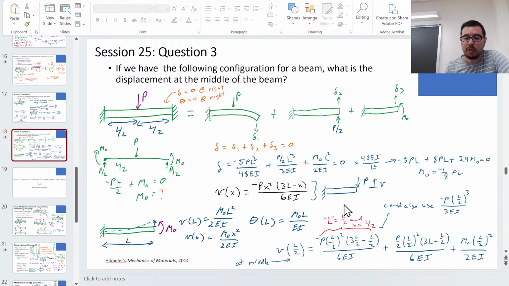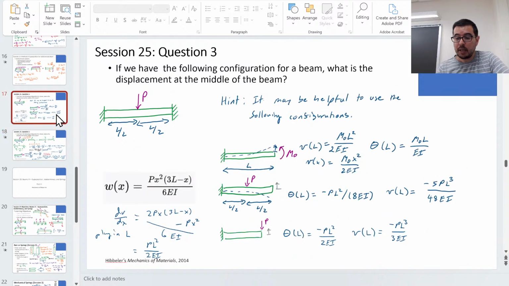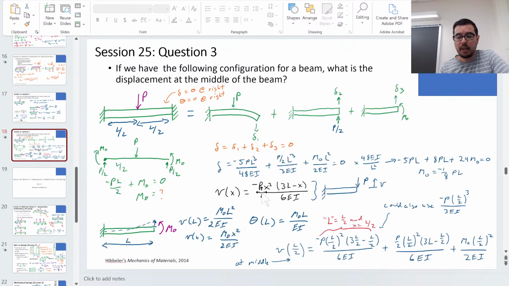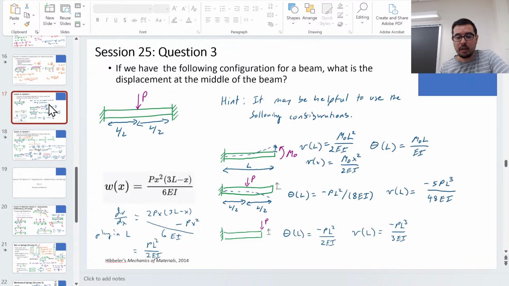What do we see here? If we go back here, here is an expression for the deflection across the beam. Where did I get this?